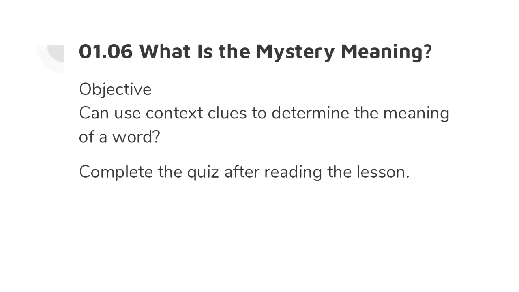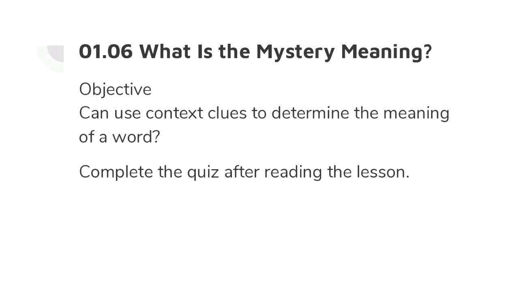1.05 is probably the larger lesson this week. 1.06 is about what is the mystery meaning. So if you want to go in the lessons to 1.06, we can go over the objectives quickly for 1.06. 1.06 is what is mystery meaning, and it's really about context clues.